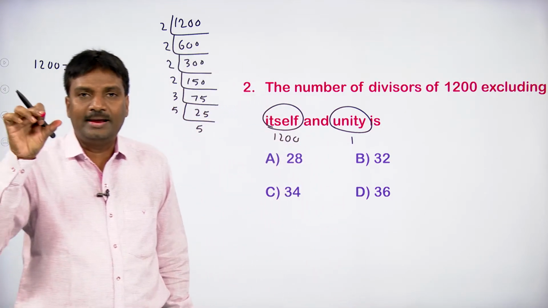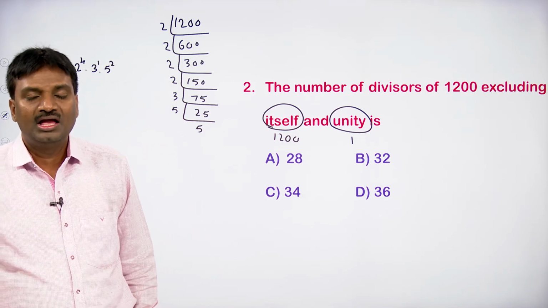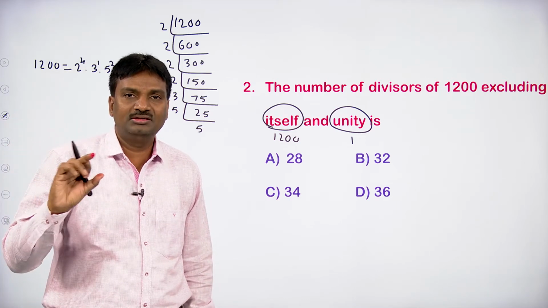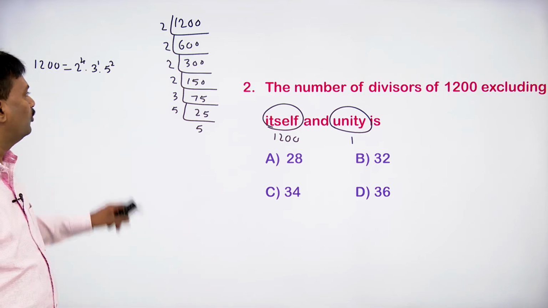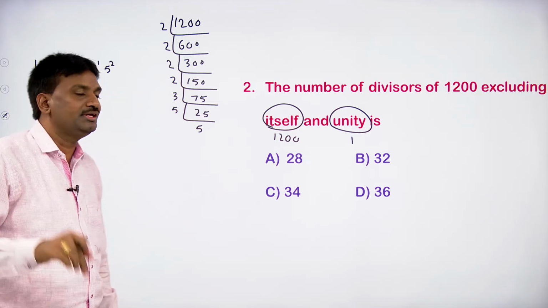So we know the number of divisors of n is (alpha 1 plus 1) into (alpha 2 plus 1) into (alpha 3 plus 1) into so on. But here we have only 3 values: alpha 1 equal to 4, alpha 2 equal to 1, alpha 3 equal to 2.